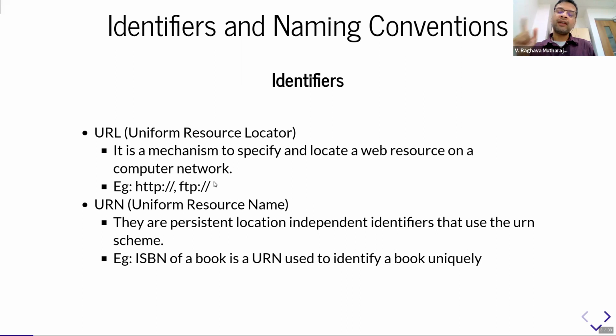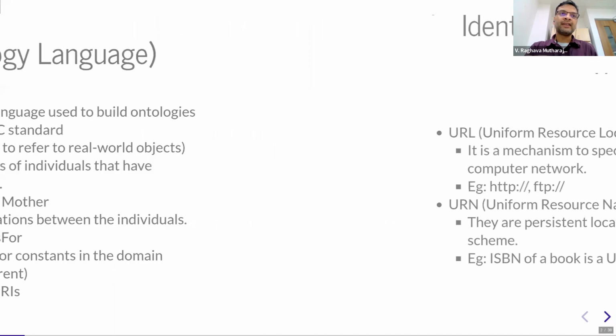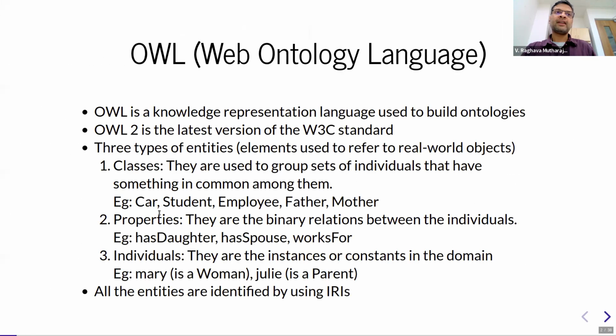So do remember that everything in the ontologies and RDF has an IRI. So every concept has an IRI. All these three things: every class has an IRI, every property has an IRI, and every individual has an IRI, right? So they want to uniquely identify each one of them.